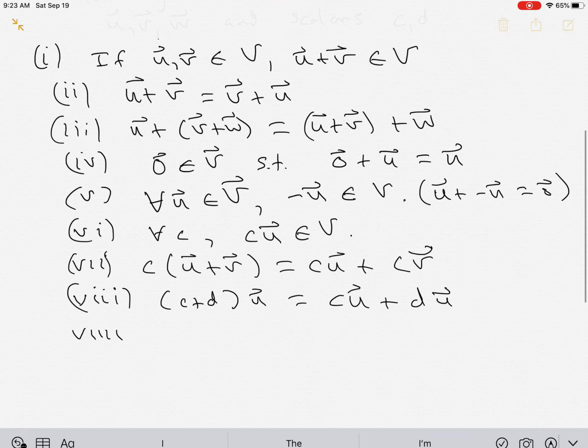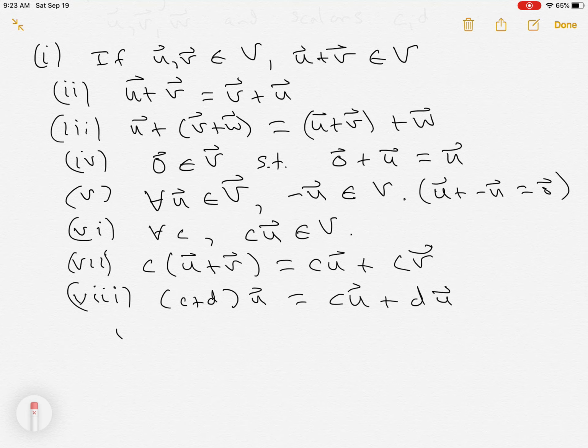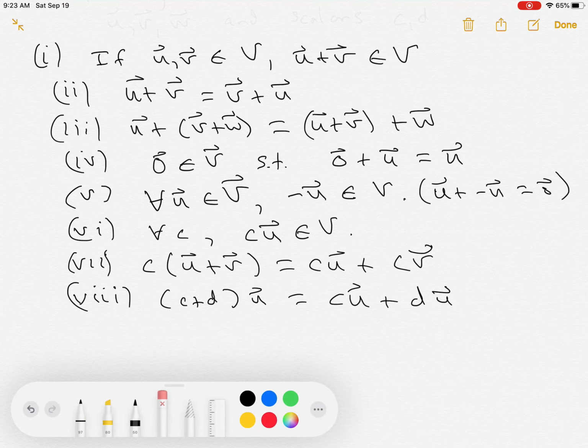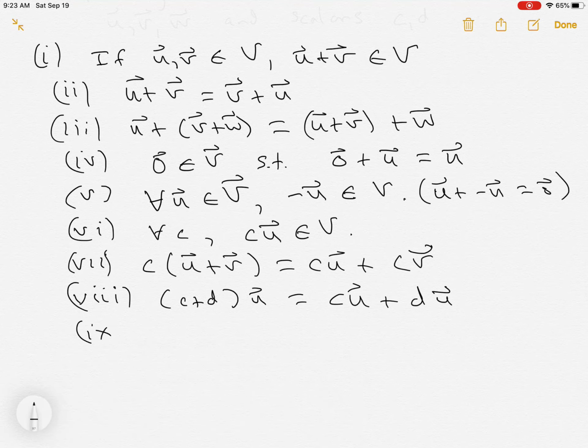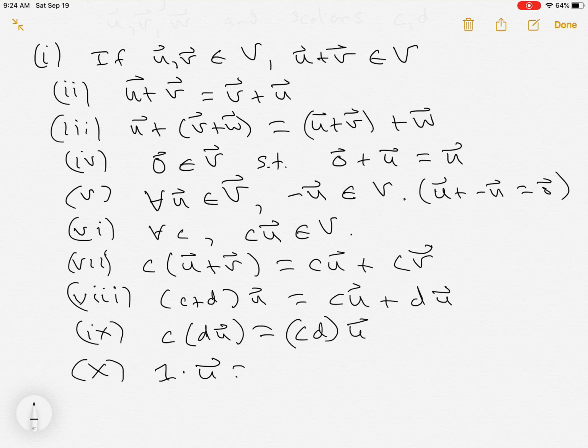I think 9 goes like this. Yeah, that's right. 9, if I have a scalar times a vector, this is the scalar times the vector, and 10. 1 times u is u, so we have a multiplicative identity.